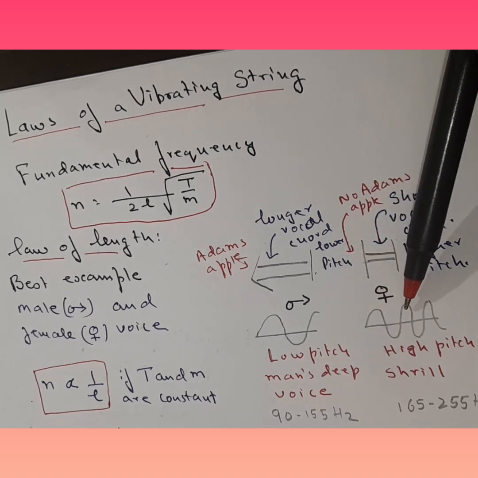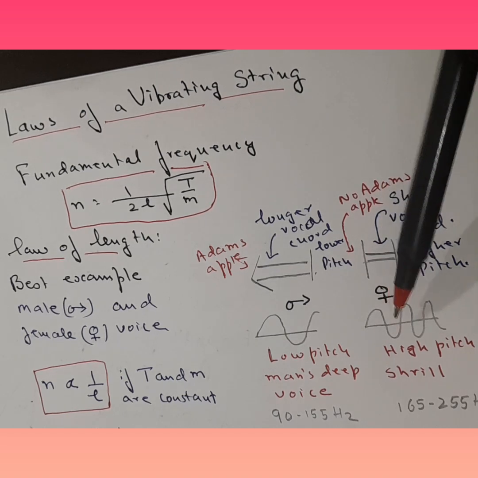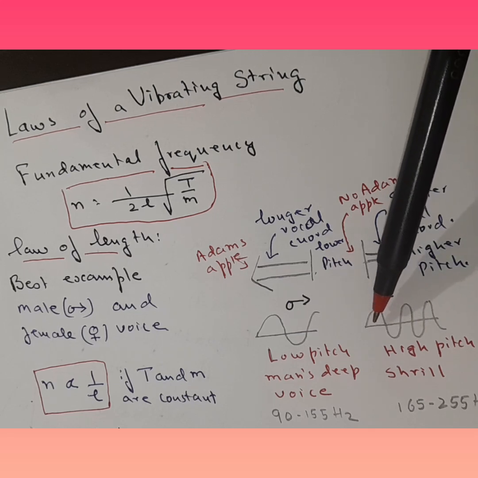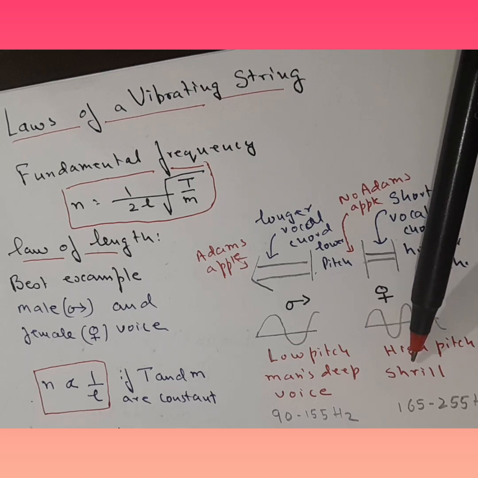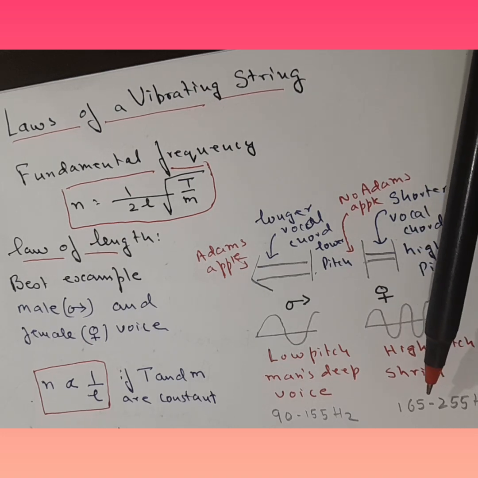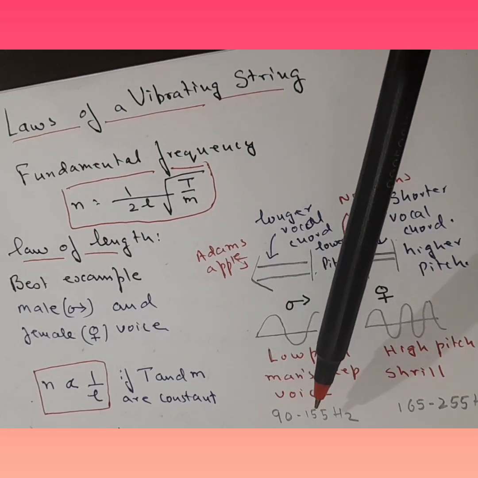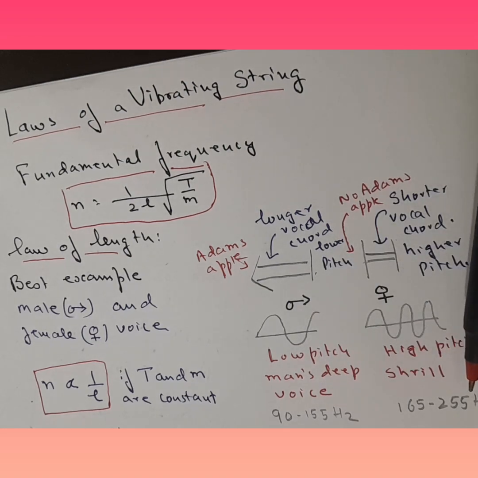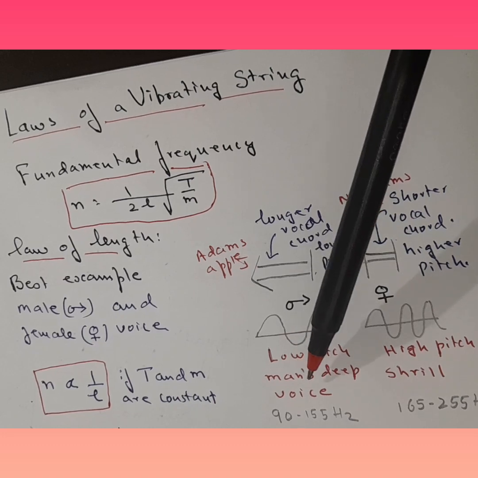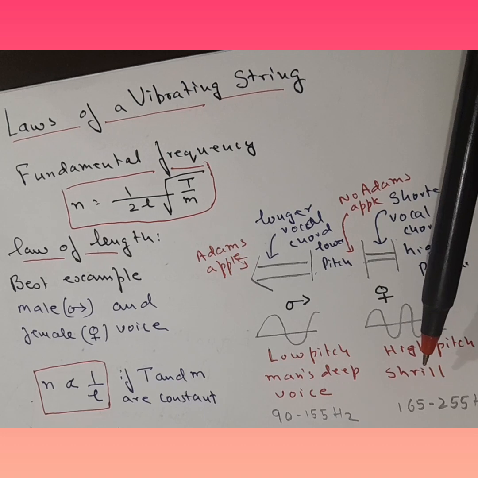Whereas in case of female, vocal cord is shorter, so more frequency, high pitch, shrill voice, and the frequency is around 165 to 255 Hertz, whereas in case of male it is 90 to 155 Hertz. So that's the reason why male have deep voice, whereas female has shrill voice.